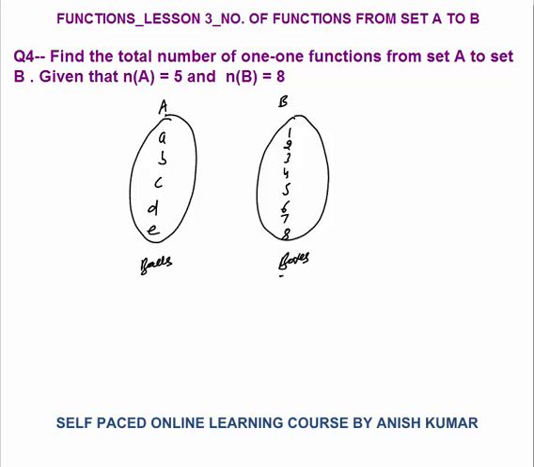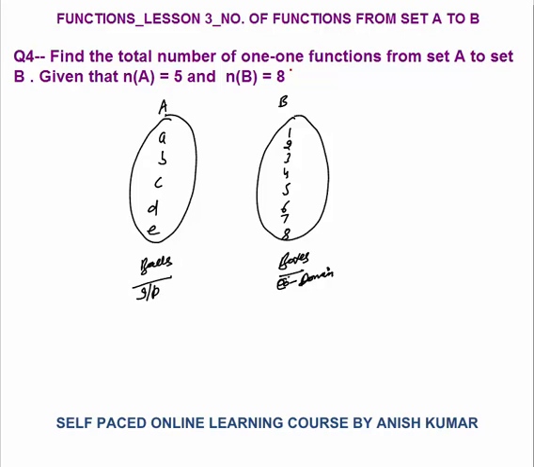Whenever you need to find a function from set A to B, the input set you can take as balls, and the codomain set you can take as boxes.